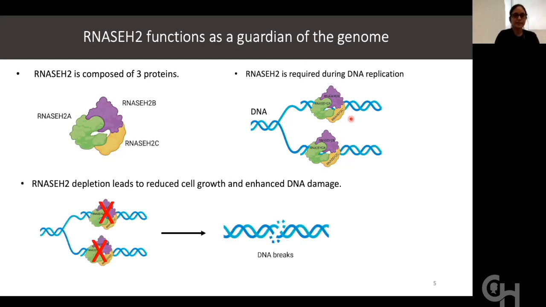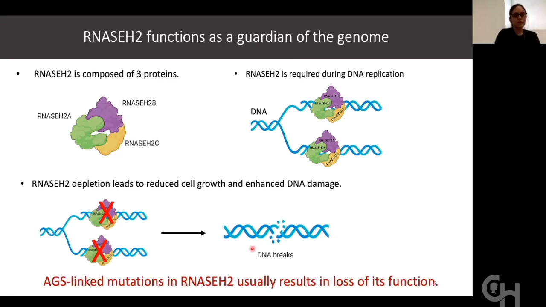And if cells don't have RNase H2, this results in errors during DNA replication, resulting in DNA breaks, which results in accumulation of DNA damage. The majority of AGS-linked mutations in RNase H2 are usually loss of function mutations.